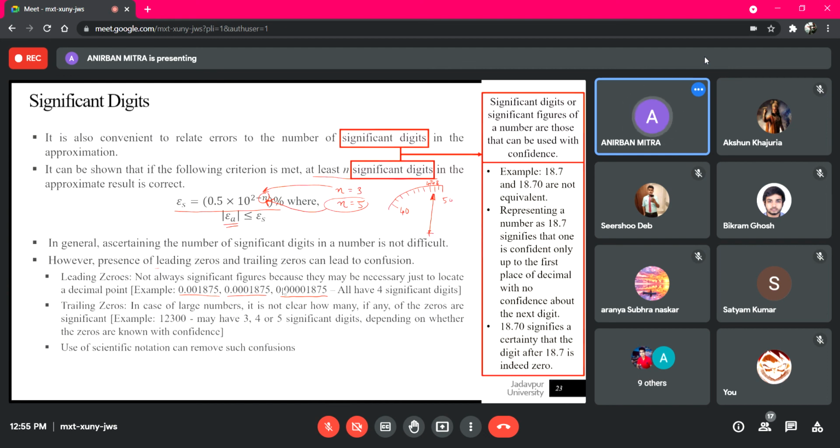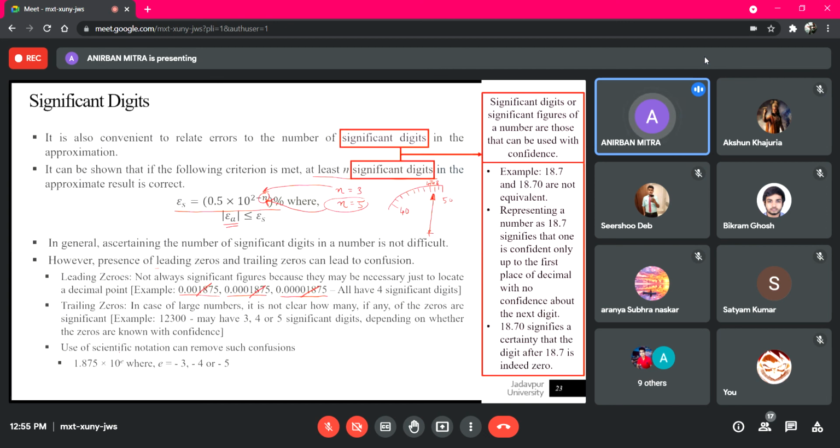To remove such confusions, we can represent 1.875 times 10 to the power e, where e is -3, -4, -5, depending on whether you want to represent this one, or this one.